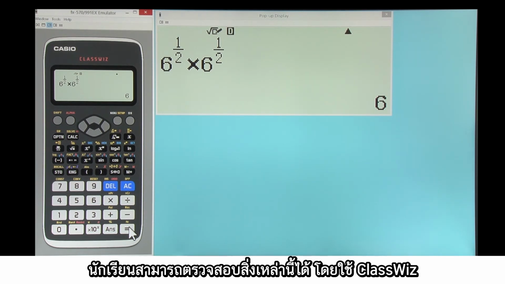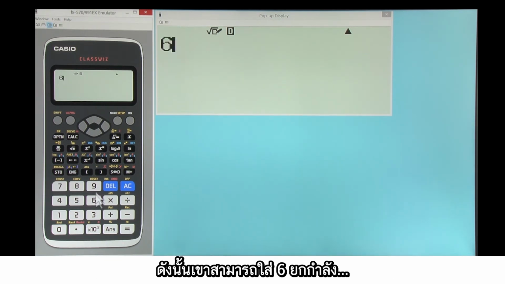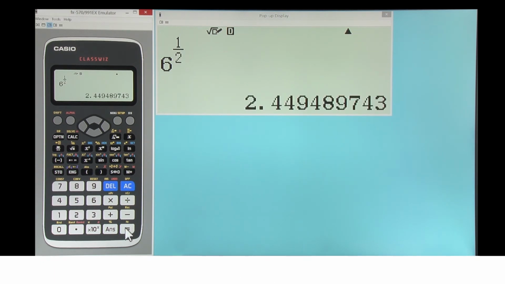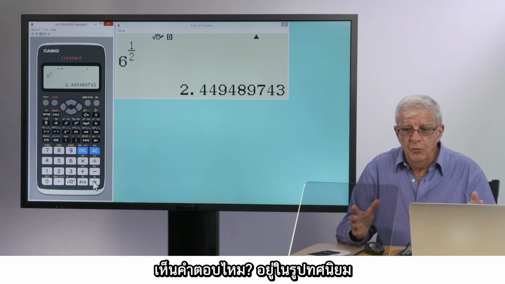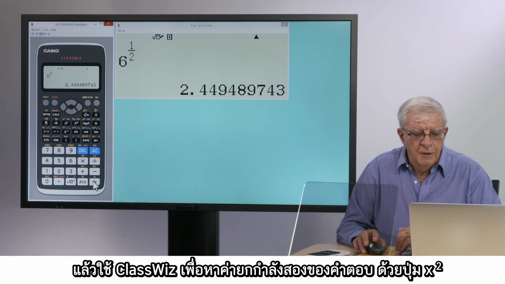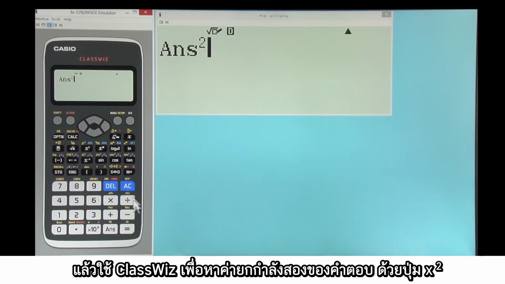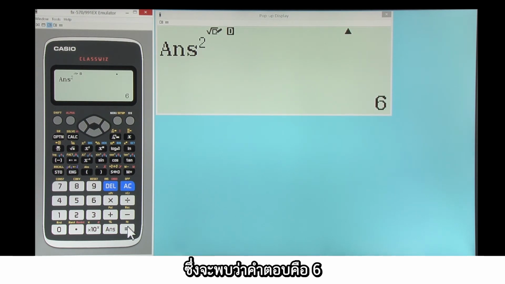Students can check these kinds of things directly, of course, on their Class Whiz. So they can enter 6 to the power 1/2, like so. See the value as a decimal, and then use the Class Whiz to find the square of the answer, the x squared key, and see that the answer gives 6.